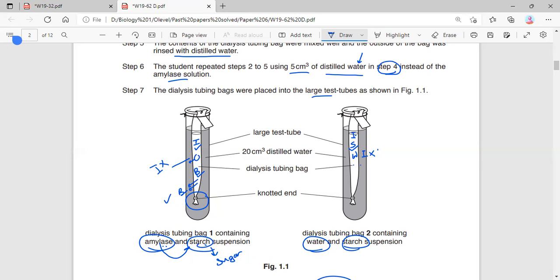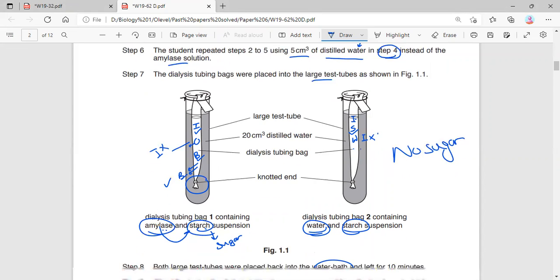Am I going to find any sugar in this test tube? What do you think? So no, in this test tube, there is no sugar. Why is this? Because there is no enzyme to break down the starch into sugar. I put water instead of the enzyme.